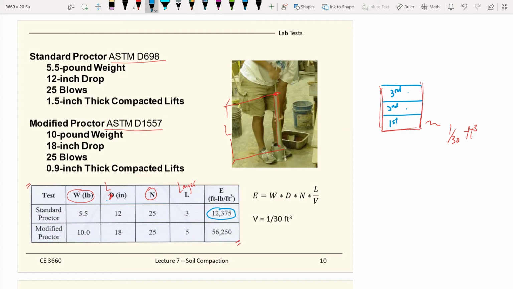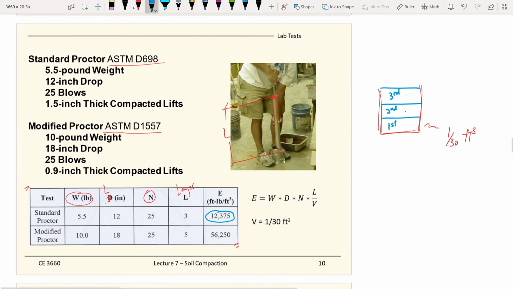And the modified Proctor is very similar, using the same compaction mold, so the same volume, but now the hammer is heavier and the drop length is longer, with the same number of blows for each layer. But this time you have 5 layers instead of 3. So this is standard and this is modified.